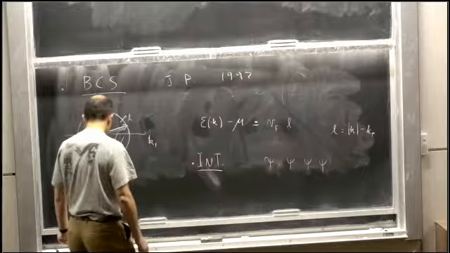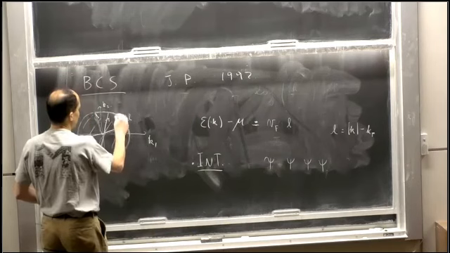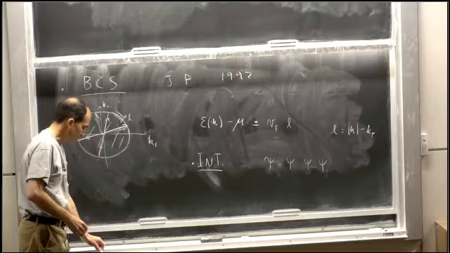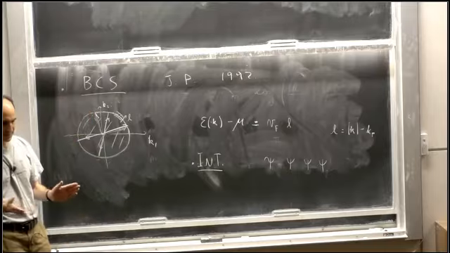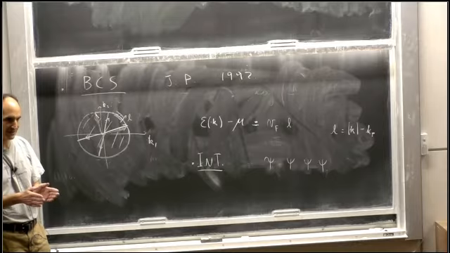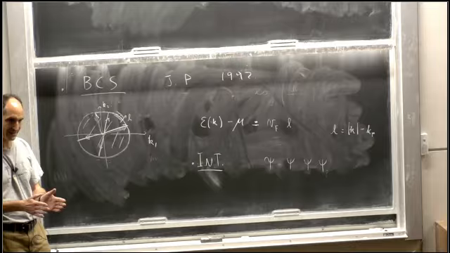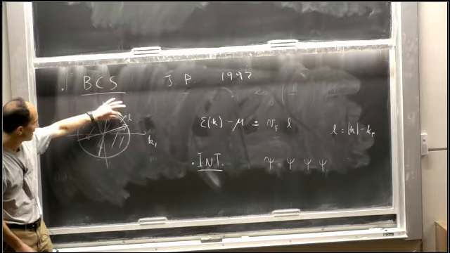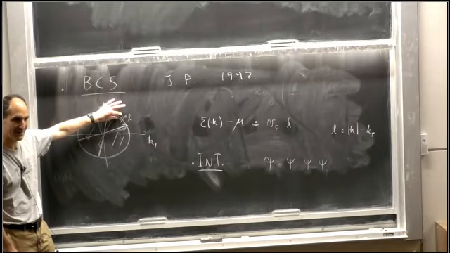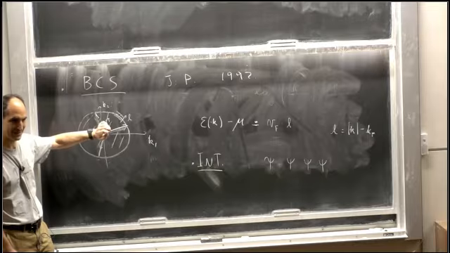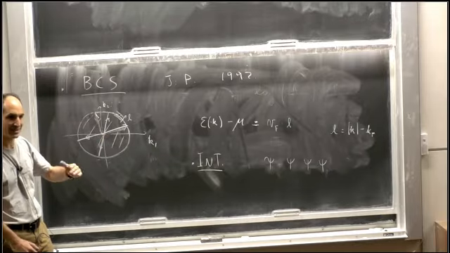So we are interested in relatively small momenta here. When we think about the low energy theory, we could imagine putting a cutoff. So the UV cutoff of the low energy effective field theory could be relatively small, smaller than k Fermi.